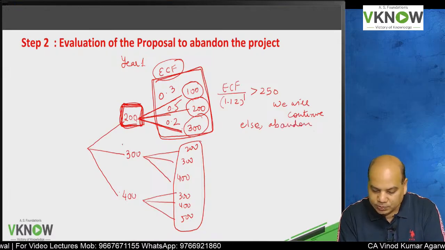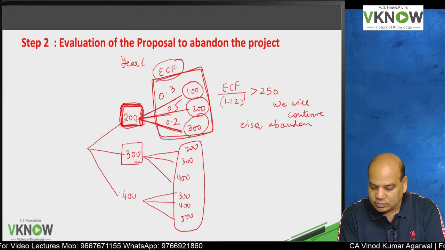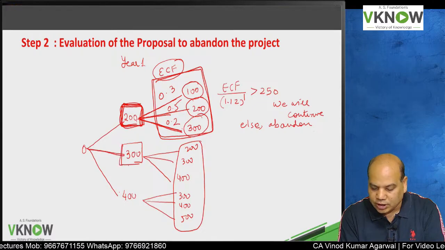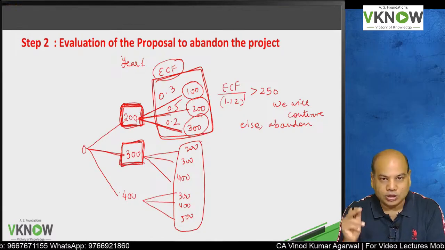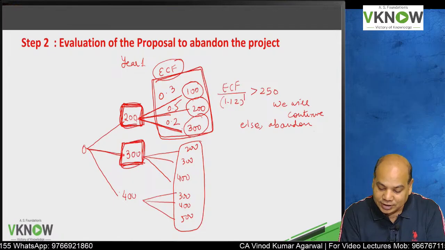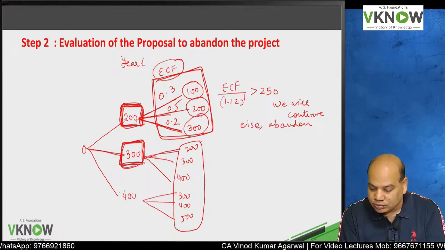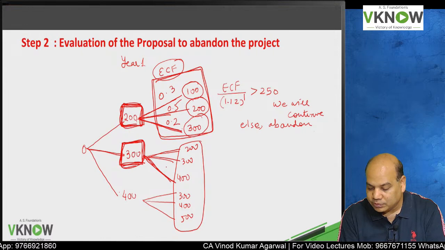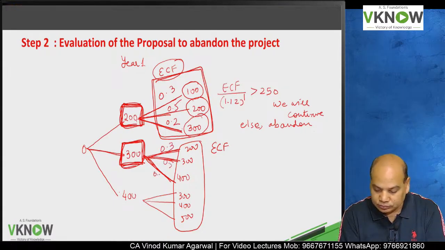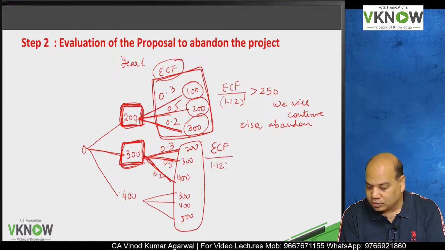Similarly, suppose in year 1 we get 300. From year 0 to year 1, after year 1 is over, there are only the possibilities 100, 200, 300, 400. If I get 300, then the only paths which will open up are these 3 paths. Compute the expected cash flow by multiplying by their probabilities and take the present value.